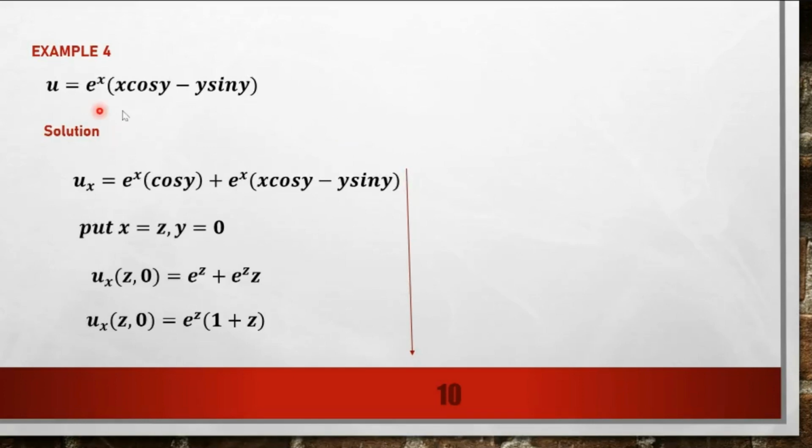Now, when you differentiate u partially with respect to y, e raised to x is a constant. ठीक है, ये पूरा टर्म बाहर रहेगा, तो I will keep e raised to x common. ब्रैकेट टर्म को डिफरेंशिएट करना है with respect to y. तो x cos y का डेरिवेटिव हो जाएगा, x is a constant, cos y का डेरिवेटिव minus sin y. माइनस, तो now y sin y. यहाँ पे दो फंक्शंस हैं y के, तो y into derivative of sin y, which is cos y, plus sin y into derivative of y, that is equal to 1.